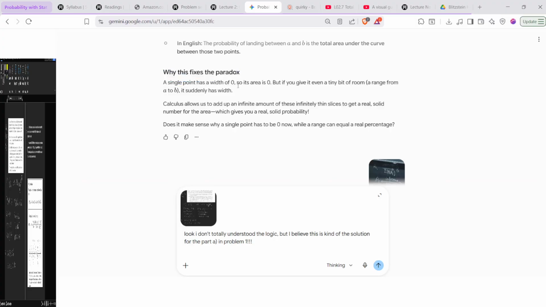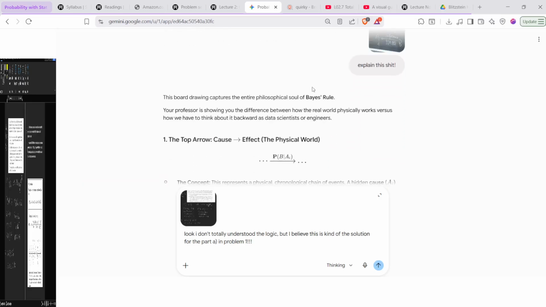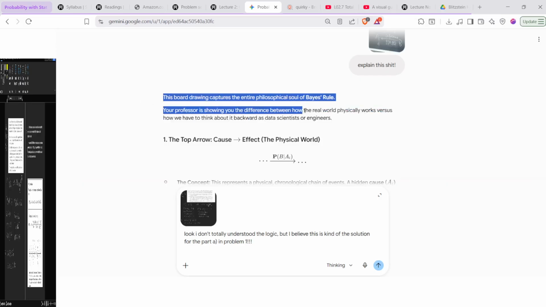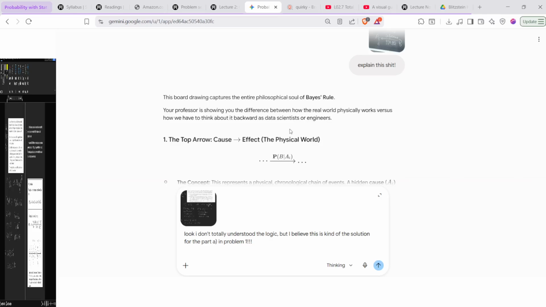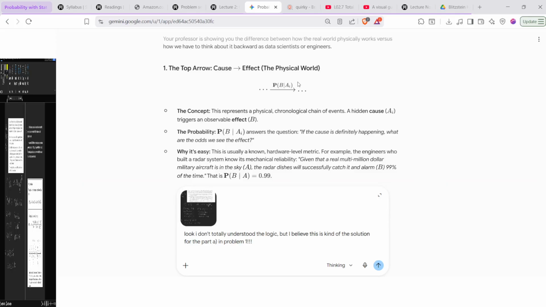Yeah, definitely. The Bayes rule. If the cause is definitely happening, what are the odds we see the effect?